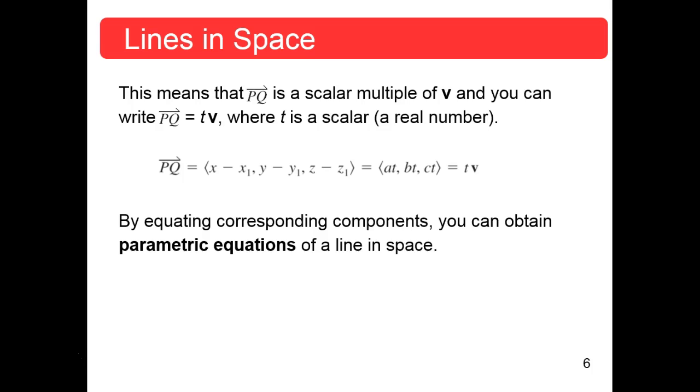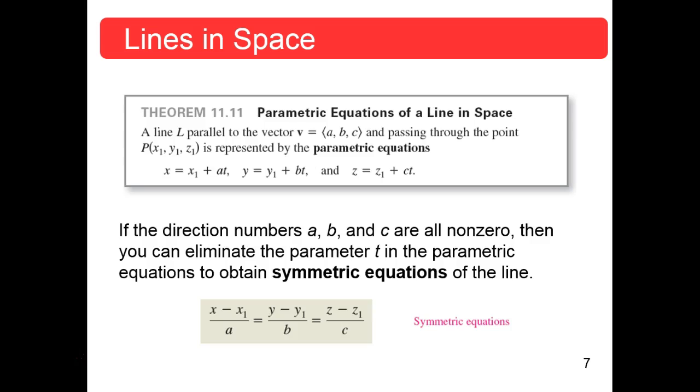Y is equal to y1 plus bt, and z is equal to z1 plus ct. So that's your set of parametric equations that represents any line in space that is parallel to the vector with components a, b, c, passing through that point x1, y1, z1.